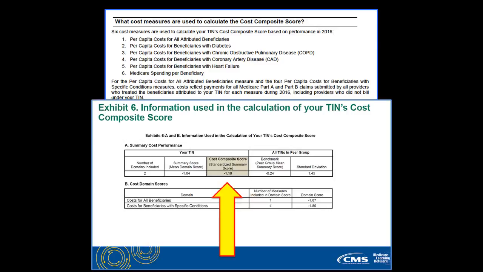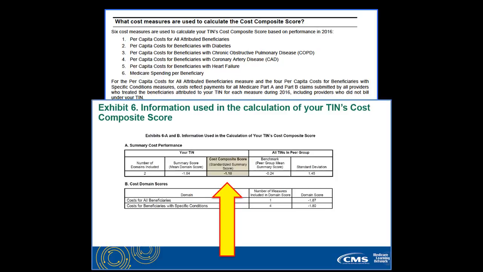So how is cost determined? This is predominantly determined by a combination of episodes of care and also total spending per beneficiary.